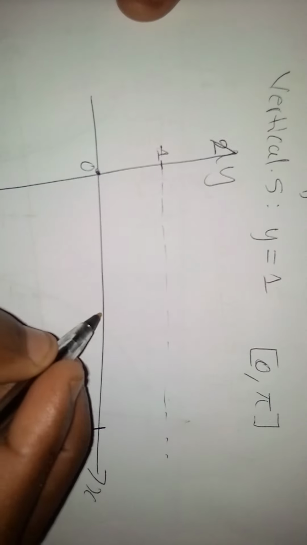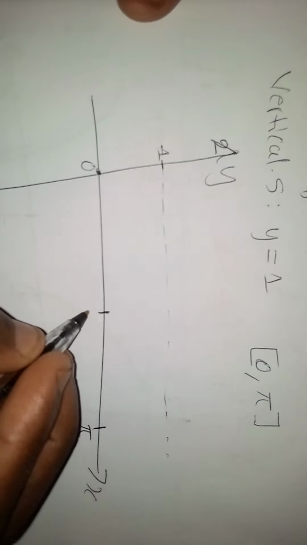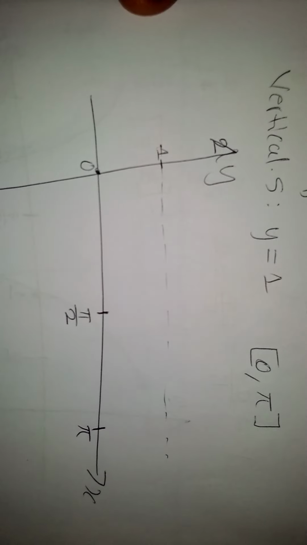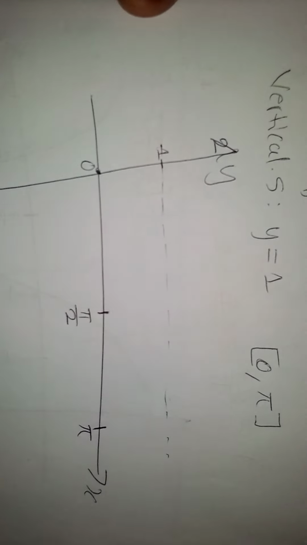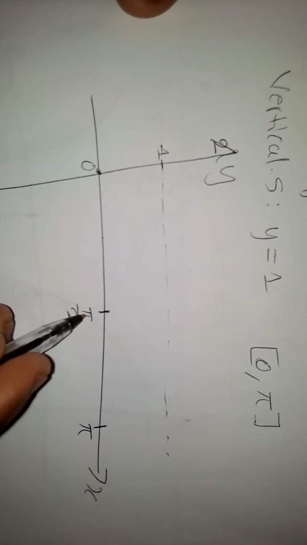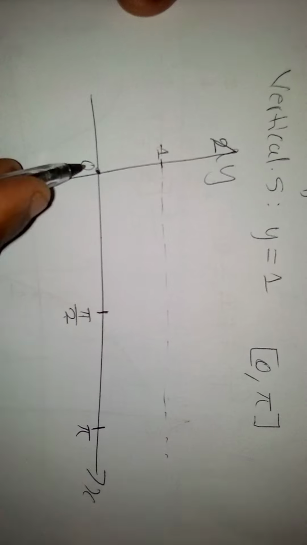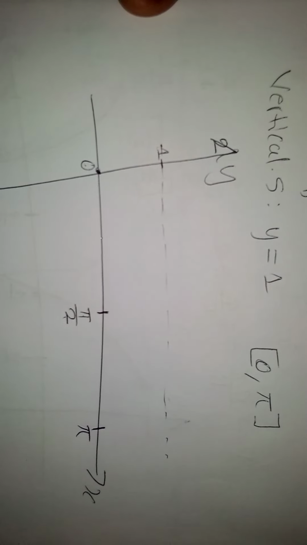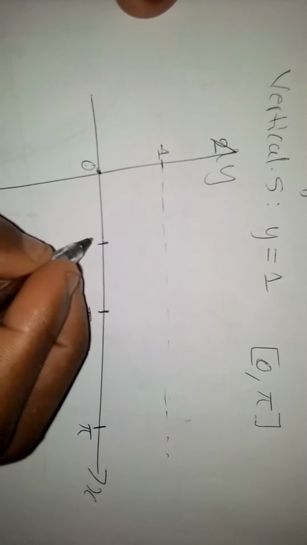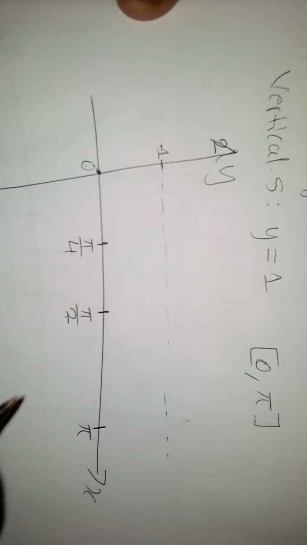The half of this interval is pi over 2. Then to find the first quarter, that would be pi over 2 multiplied by half, which gives us pi over 4.